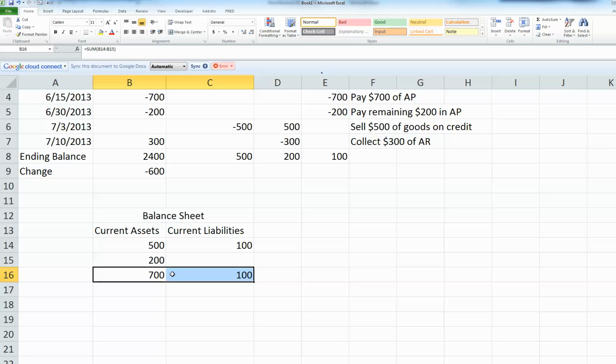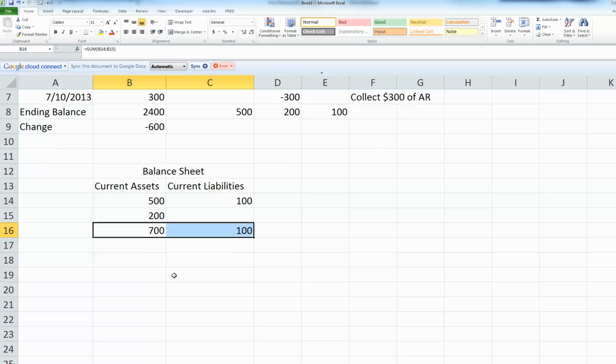So now what I can do is look at my balance sheet, and I see that these two totals don't balance. And looking at that allows me to figure out what has happened to cash, because this needs to balance. So I know since this doesn't balance that cash has to have dropped by $600 to get this side to equal that side.